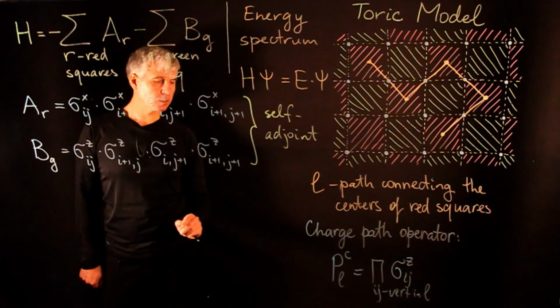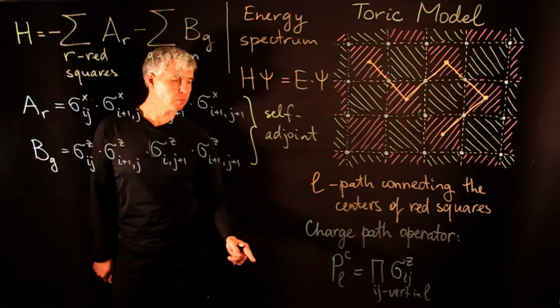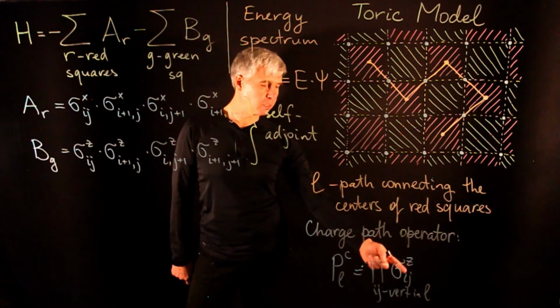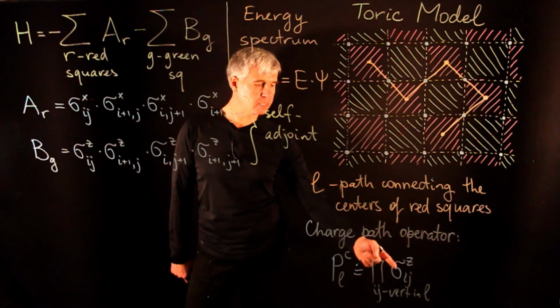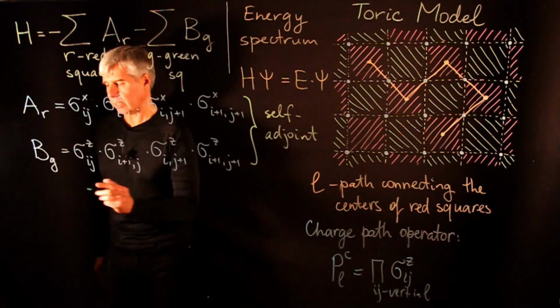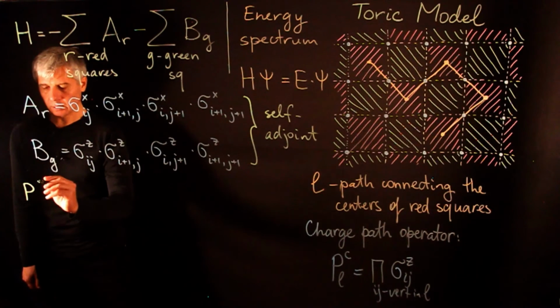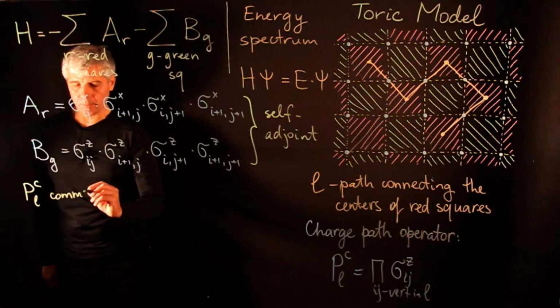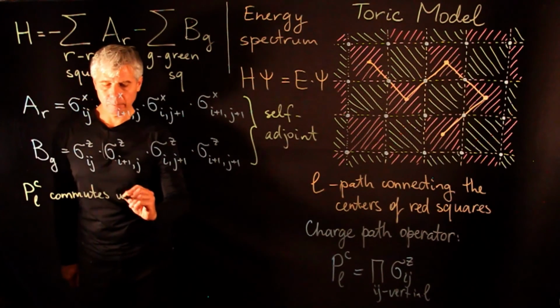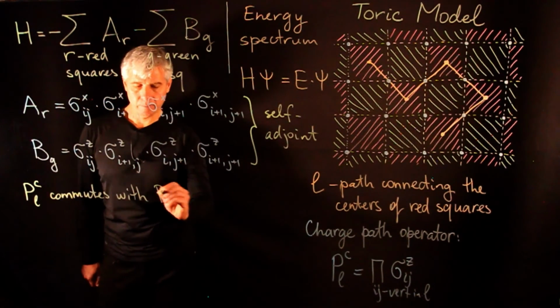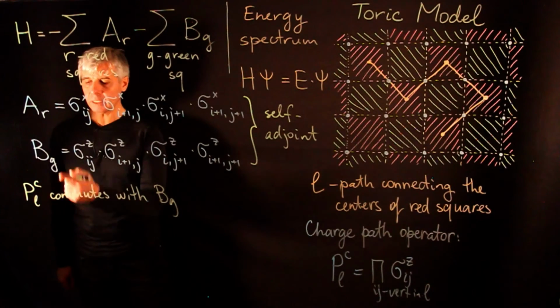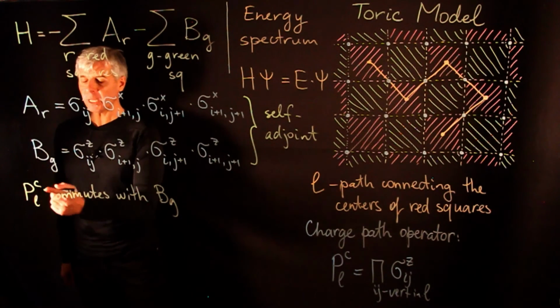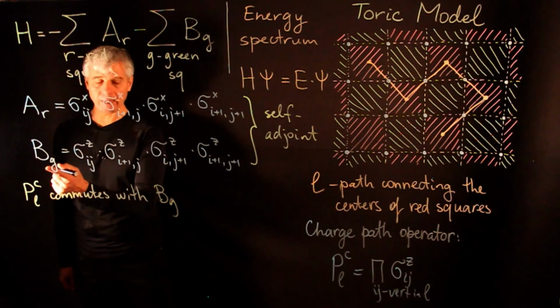What are the properties of the path operator? Well, since this path operator is composed of sigma z matrices, it clearly will commute with operators bg. And this means that this operator will preserve the eigenvalues of bg.